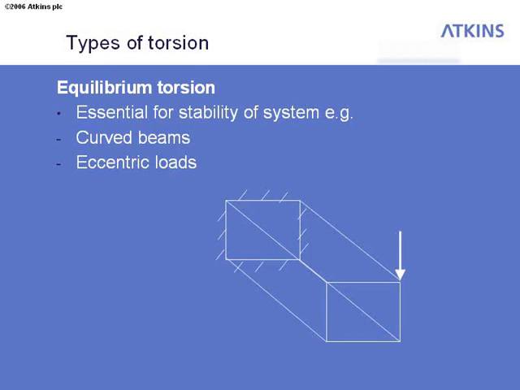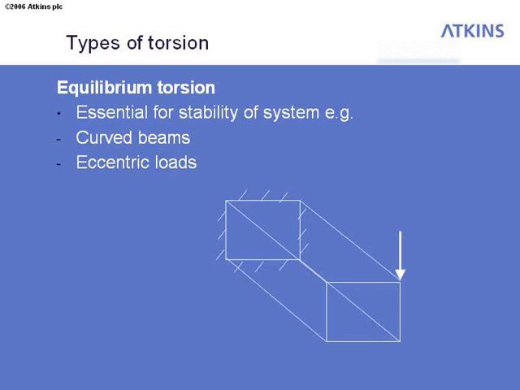So first of all, by equilibrium torsion, the Eurocode is talking about a situation essentially like the one up on the screen. If I apply an offset load to a cantilevering beam like this, then the only means of actually carrying that load is to have torsional stiffness and strength in that beam. If it doesn't have torsional stiffness and strength, it will obviously just twist and the load will fall off.